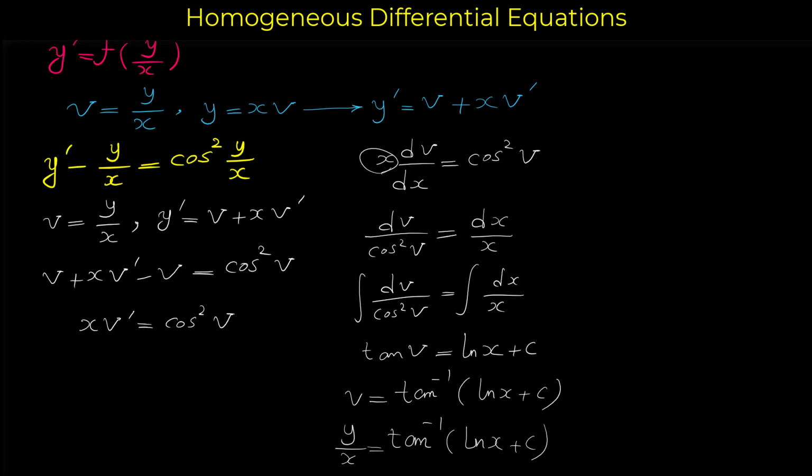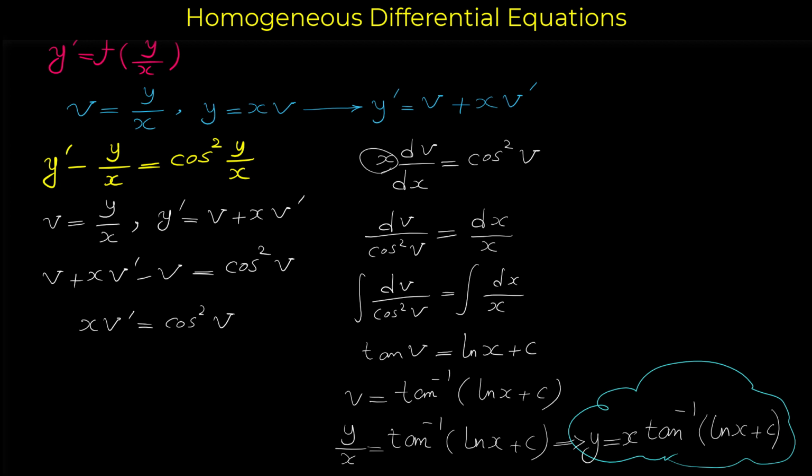As the last step, if we multiply both sides of this solution by x, finally we can say y equals x tangent inverse of ln of x plus c. So this is the solution of this homogeneous differential equation.